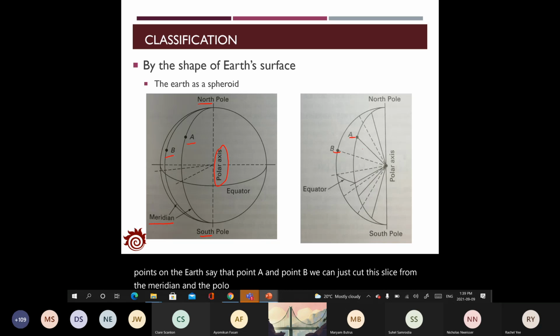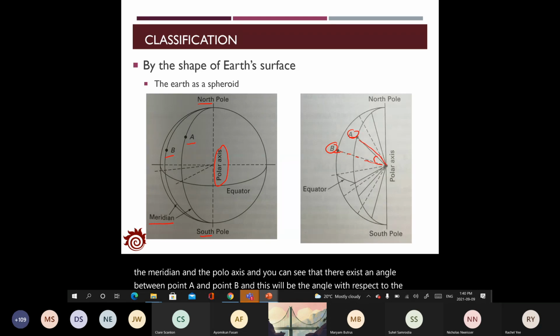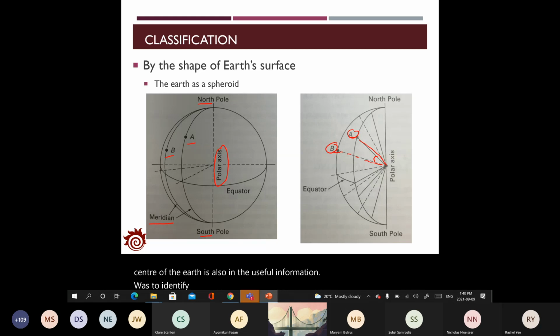You can see that there exists an angle between point A and point B, and this will be the angle with respect to the center of the Earth. It's also useful information for us to identify the absolute location of any point on the Earth.